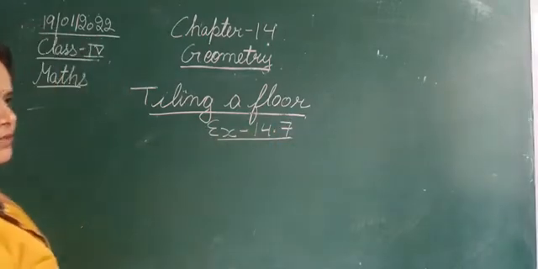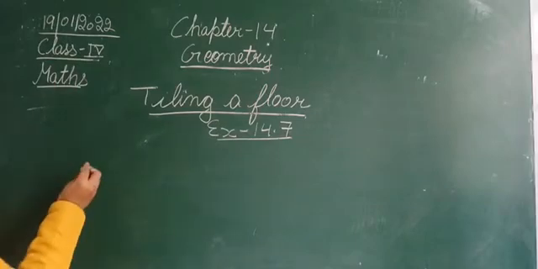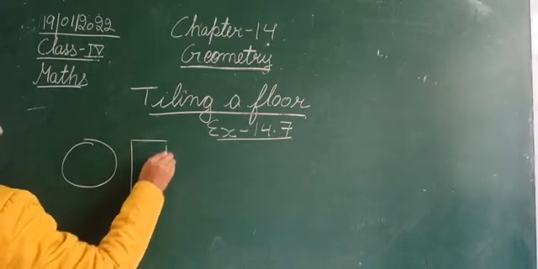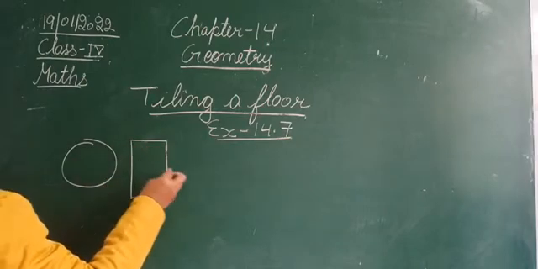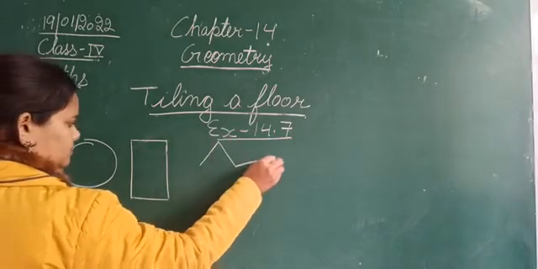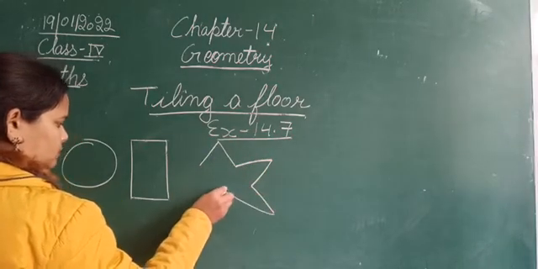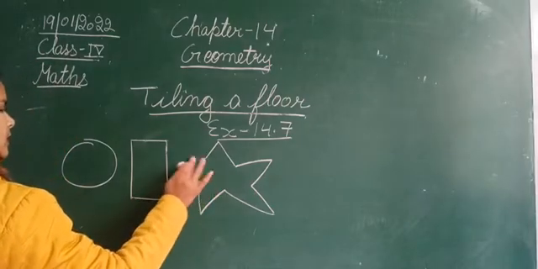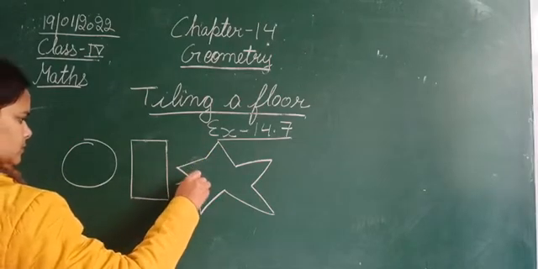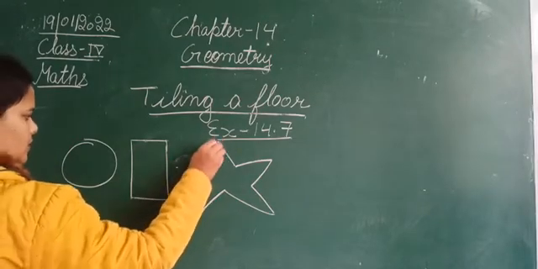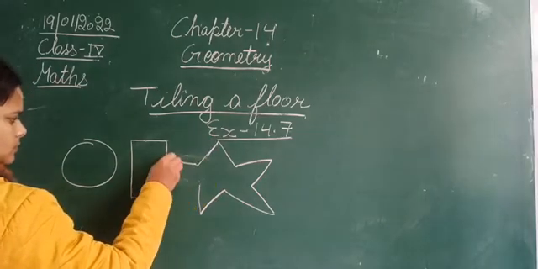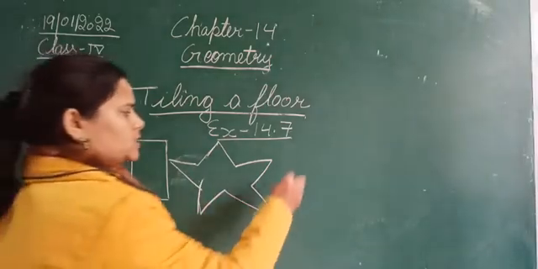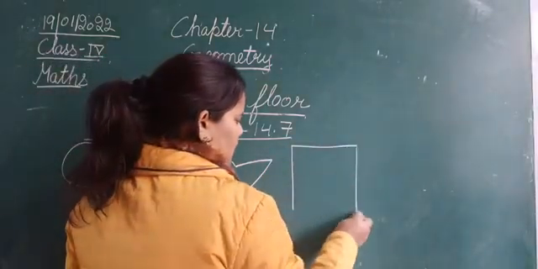Okay, so the tiles, the first is of circular shape, second is rectangular in shape, third is like this, it's like a star. Okay, next is square.